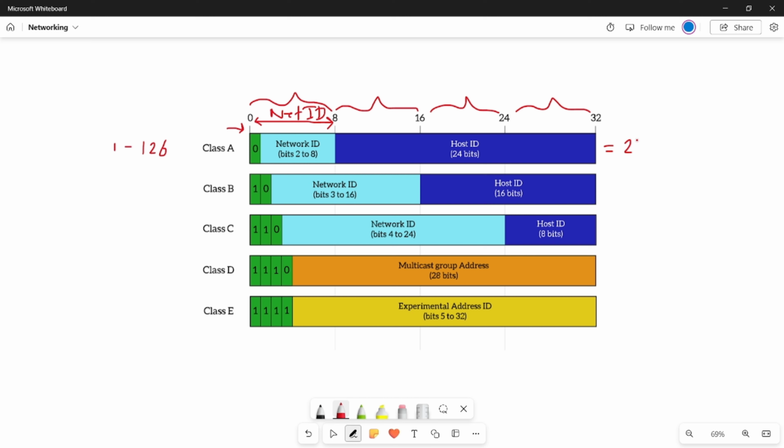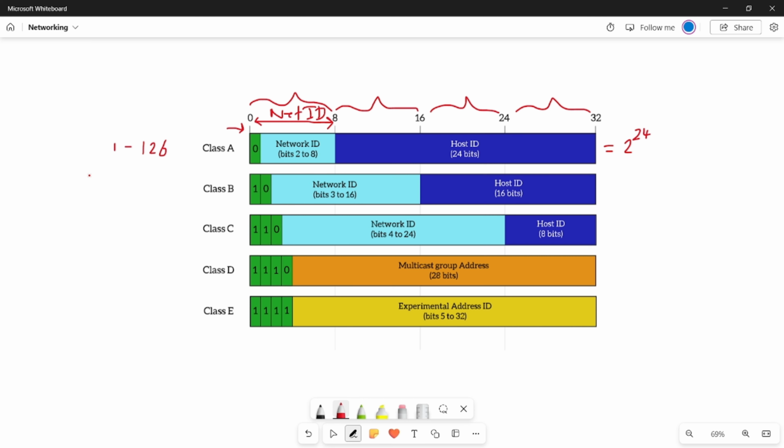We can use 2 to the power 24: this is 8 bits, this is 8 bits, and this is 8 bits, so together there are 24 bits. So 2 to the power 24 addresses for our subnet purposes using one network ID. This is a very large amount of IP addresses, so class A is used for a very large number of hosts.